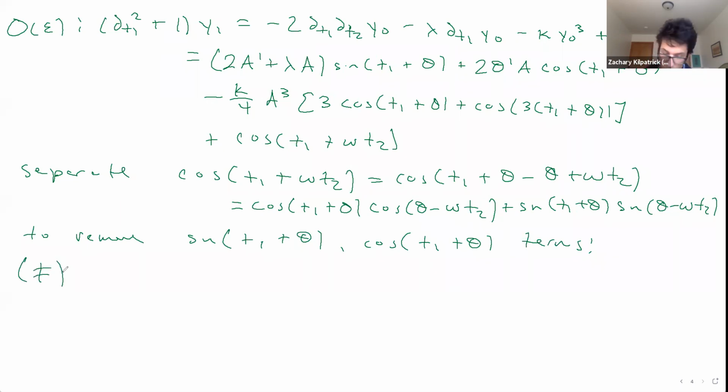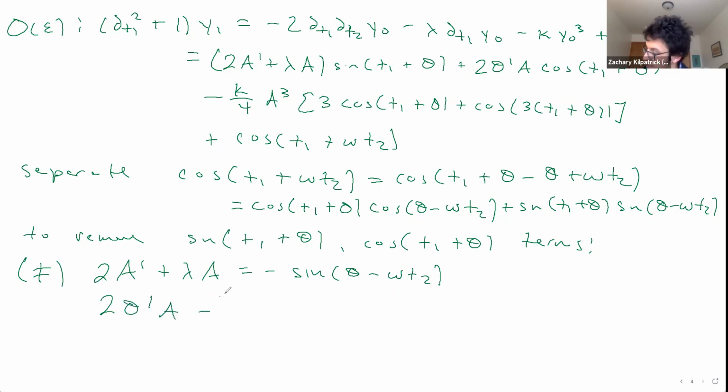Now what we want, I'm going to write out some equations now. We need that 2a prime plus lambda a is equal to minus sine of theta minus omega t2. And also that 2 theta prime a minus 3 kappa over 2 a cubed is equal to minus cosine of theta minus omega t2.